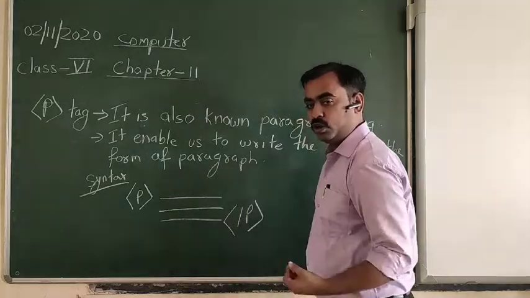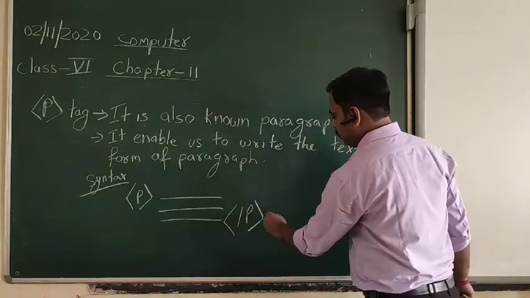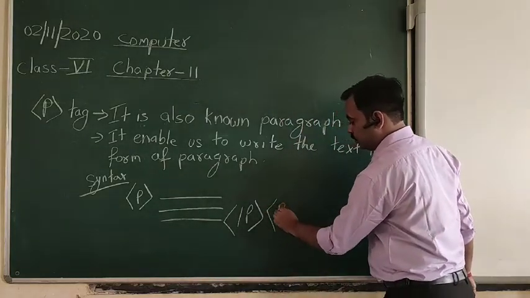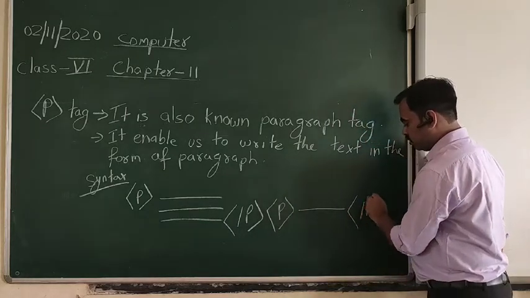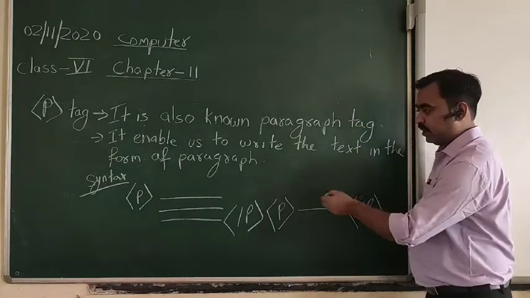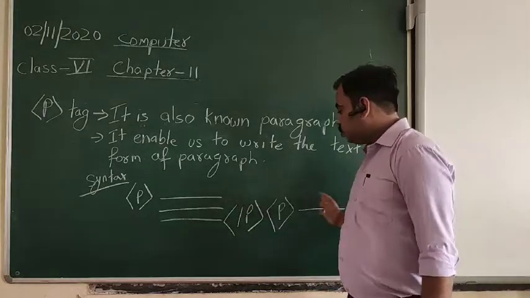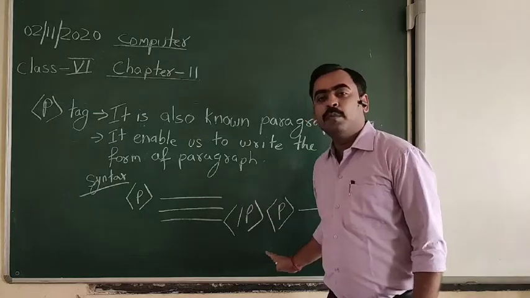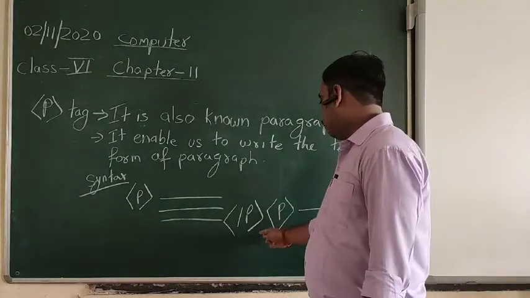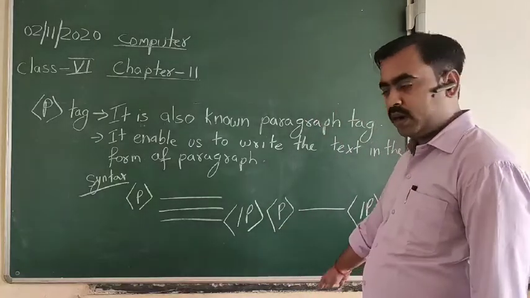Then again, if you want to start a new paragraph, from here itself you can start p, write, and close the p tag. Like this, these two different texts will be displayed in the form of paragraphs.